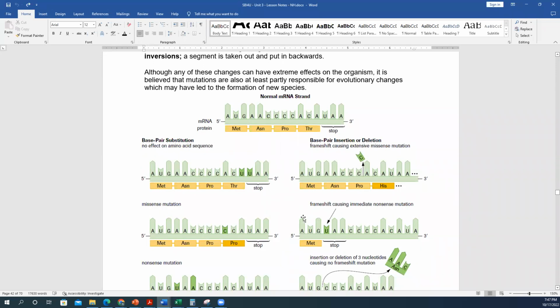So any of these types of changes can have extreme effects on the organisms.